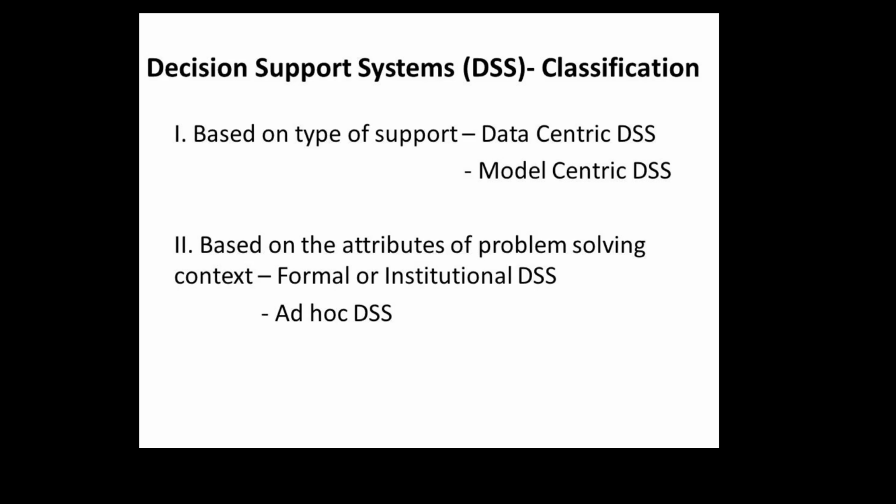In case of ad hoc decision support system, this system is designed to focus on very rare or narrow problems, where the set of decisions is usually not recurring on a day-to-day basis. So this is about formal and ad hoc DSS.